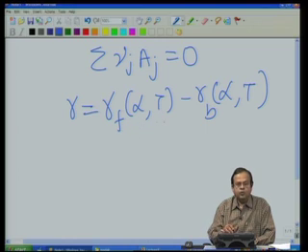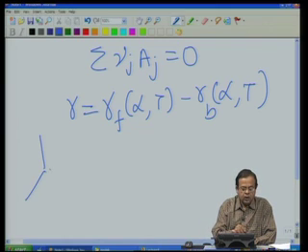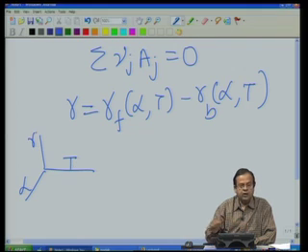Alpha and T are two variables, so if we were to plot rate as a function of alpha and T, one would require a 3-dimensional representation, with alpha on one axis, temperature on one axis and rate on another axis. That is a little complicated.